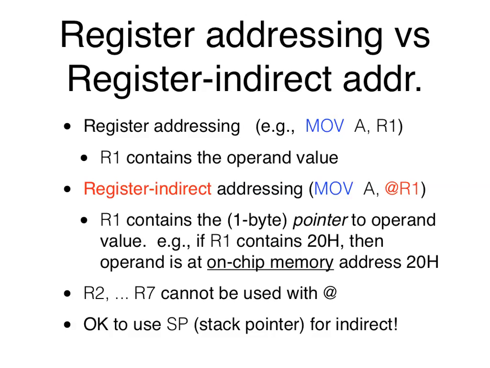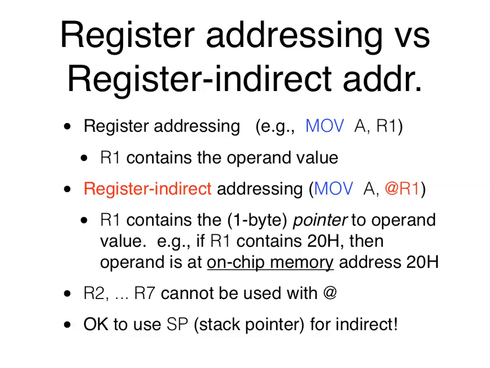That's not your operand. That's the address of your operand in iData space. So whatever value is in R1, you go to that memory address, and that's where you would get the data. You either store there or you fetch from there. And if R1 contains 20 hex, 20 is not necessarily your data, but 20 is the address of your data.